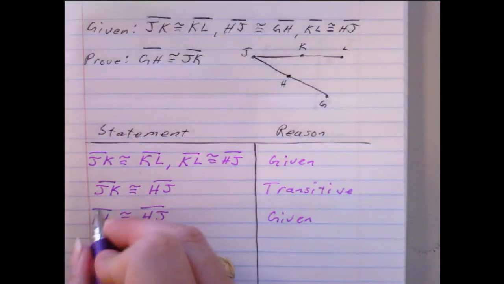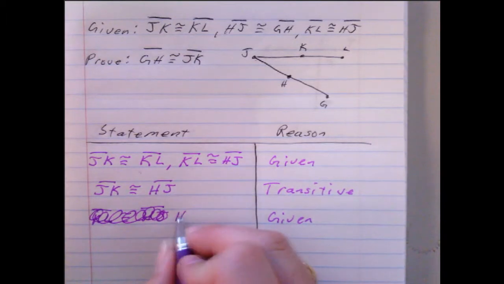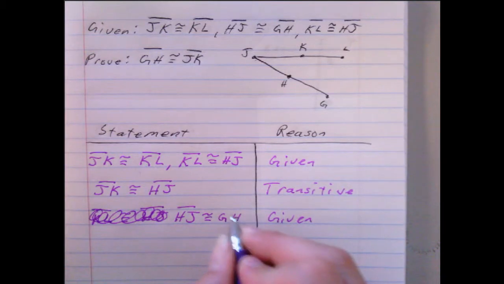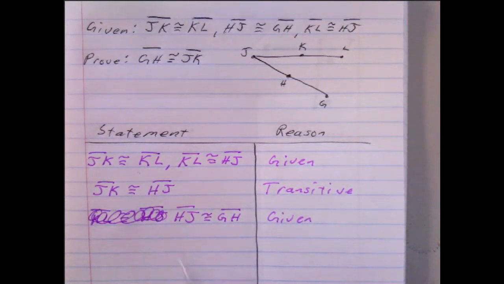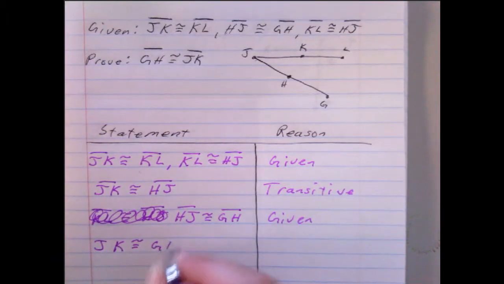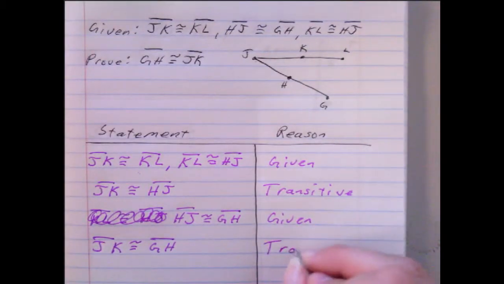I needed the center one. Sorry about that. This should be HJ is congruent to GH. Okay. Alright, so now from here, see how these are the same? So now I can say that JK is congruent to GH. Okay, so I'm just taking these two statements and I'm putting them together. And again, that is transitive.